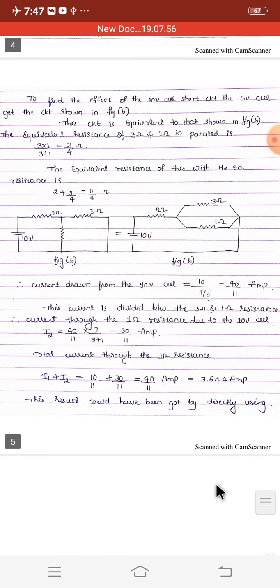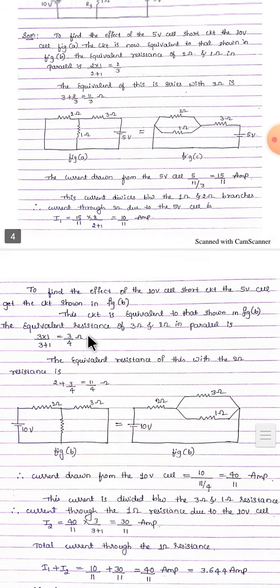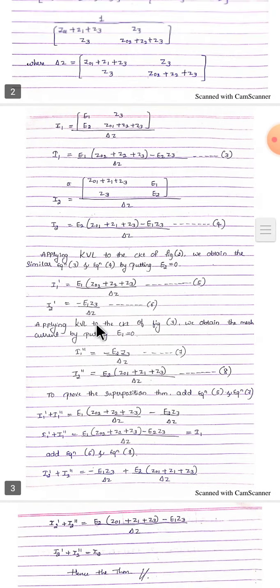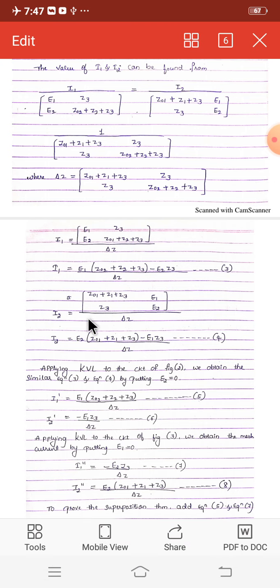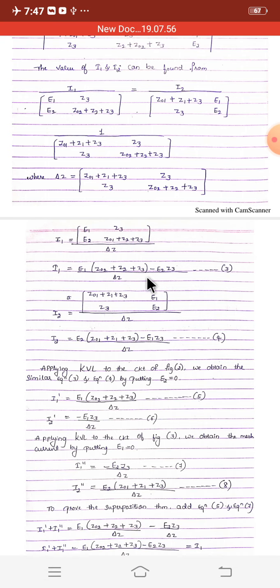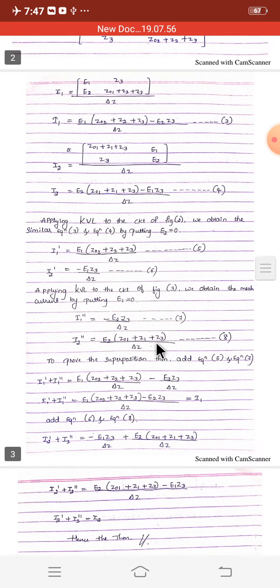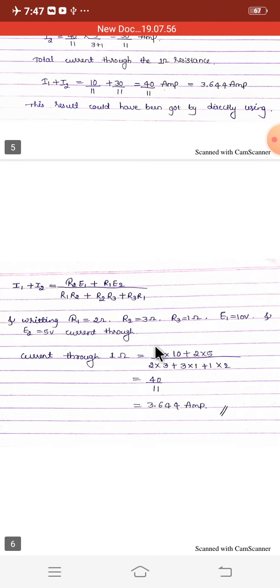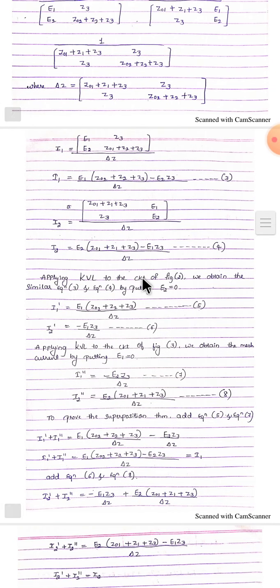Otherwise, the direct answer is I1 plus I2. See, this is I1. Okay, this is I2. I1 plus I2 means what? E2 Z3, E1 Z3. See here, in this theorem, we got I1 and I2 in this manner.